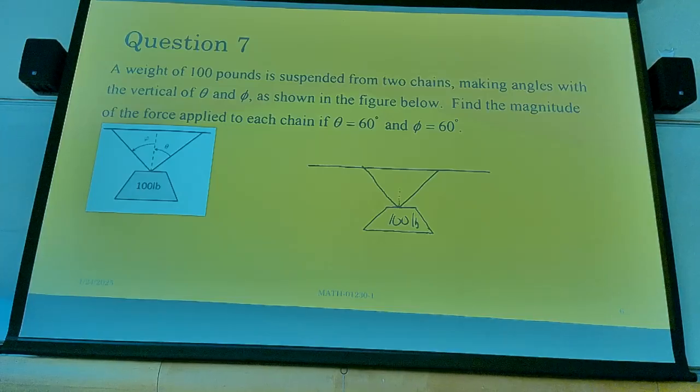So what we're told, that angle is 60 degrees, so is that angle. And what's that angle? And that angle is what?